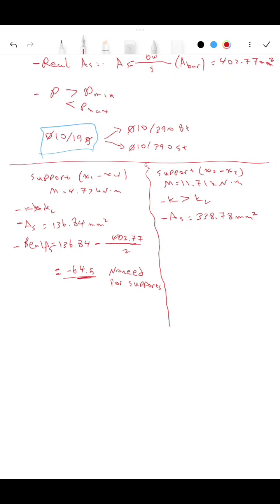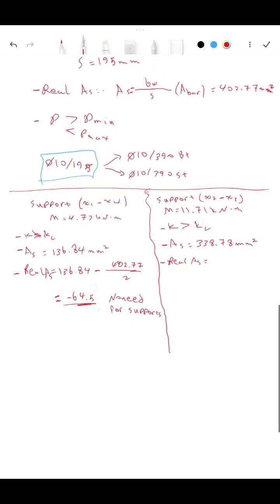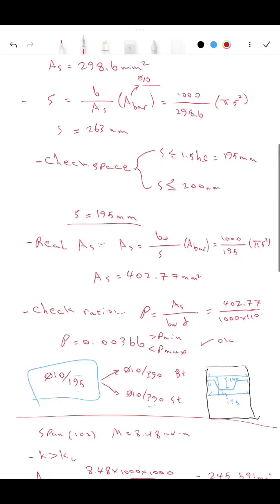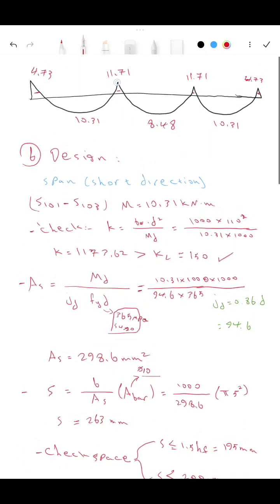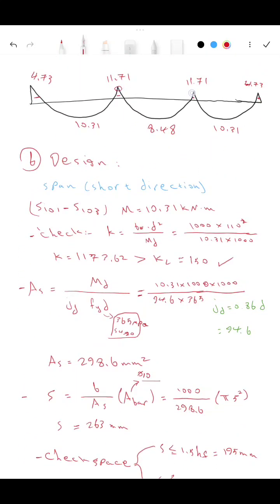Okay, now we will check again the real area of steel. But this case is different. Why? Because these supports we are working on are in the middle here. So the bent up bars from this part are supporting this support, and the bent up bars from the other side are supporting this also. So we have support from the right side and from the left side.